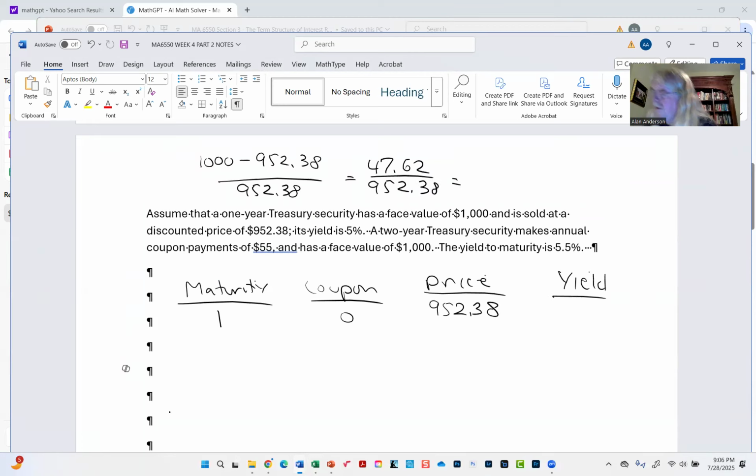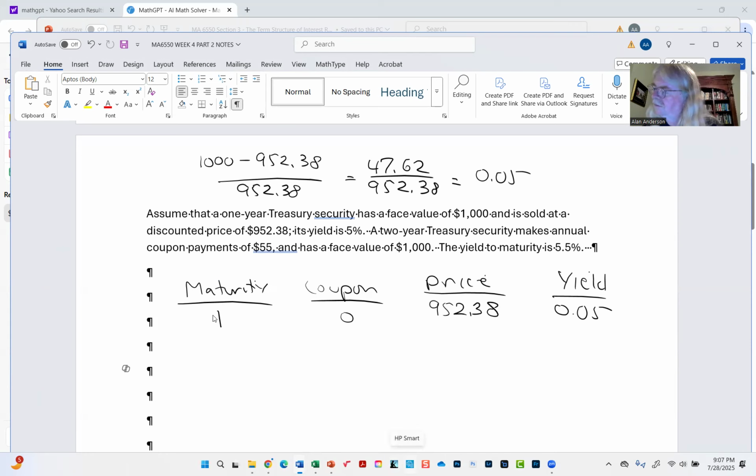And that works out to be, well, what do you know? It's 5% on the dot. Okay. Well, you can write that as 5% if you want.